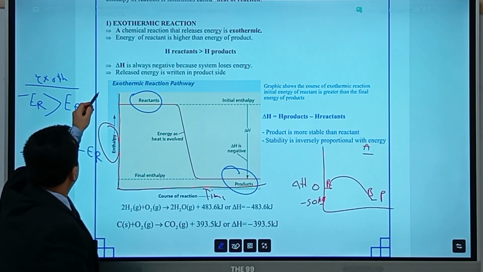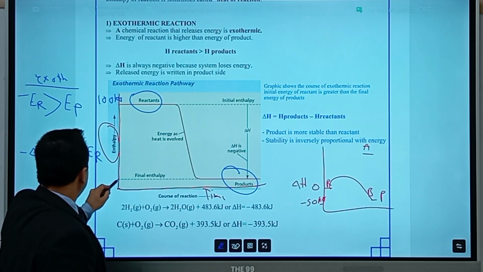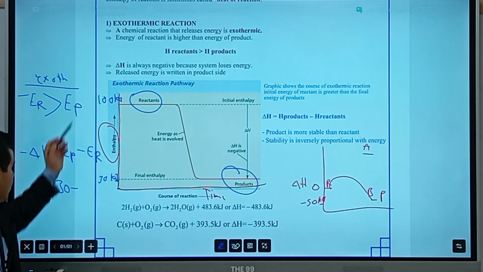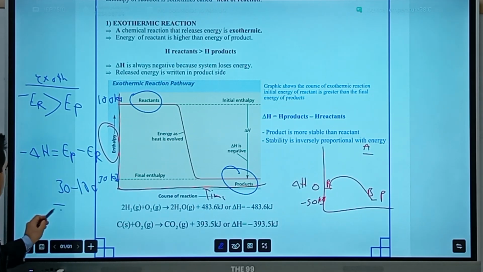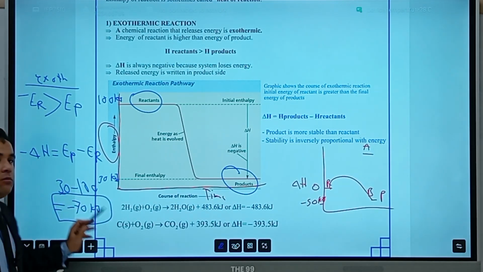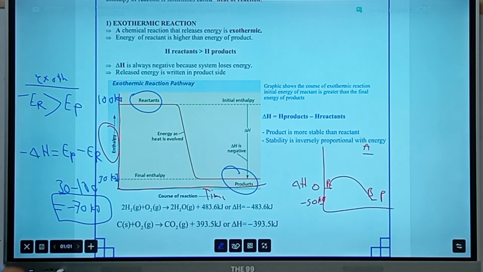For example, here 100 kilojoules, this is 30 kilojoules. The product is what? 30. Minus reactant is what? 100. Results in what? Minus 70 kilojoules. For an exothermic course, always the enthalpy change is what? Is negative. It results in a negative value.